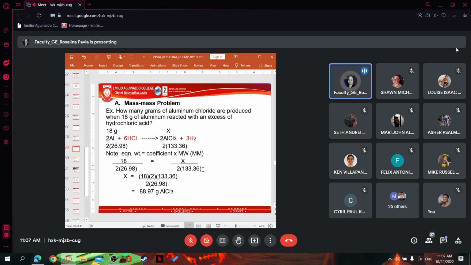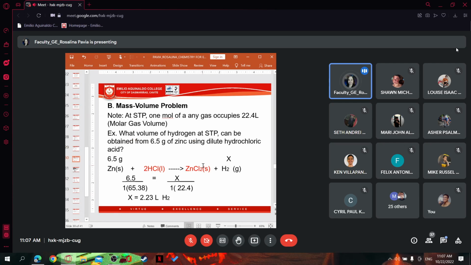For hydrogen gas, it will be 6.5 grams of zinc. Ito ay purely mass. Dito naman sa kabila, sa hydrogen gas, you will be dealing with volume and you will be using MGV instead of molar mass.